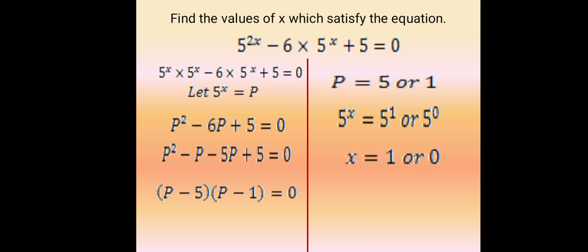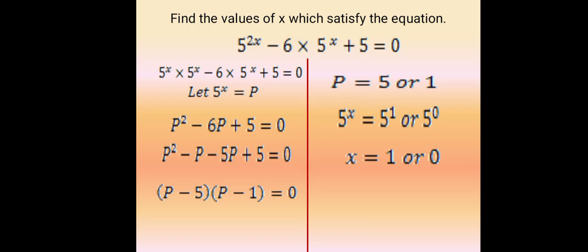Of course, it is negative 5 and negative 1. Now break 6p that way so that you have 1 and 5. So our equation shall be p squared minus p minus 5p plus 5 is equal to 0. Now factorize, we have (p minus 5) multiplied by (p minus 1) is equal to 0.